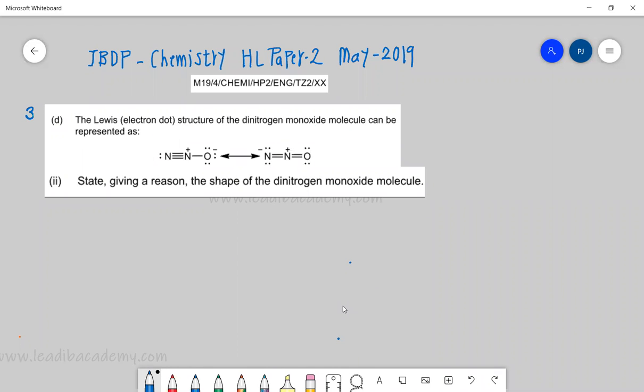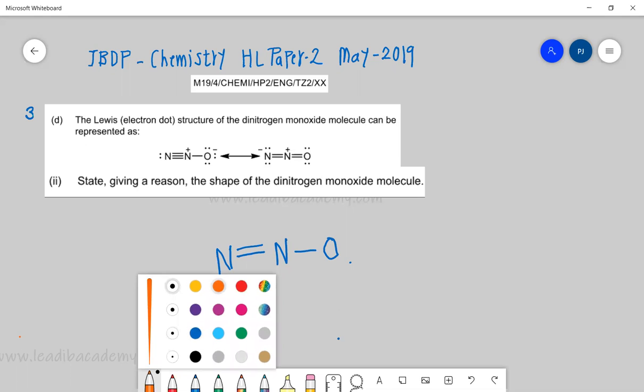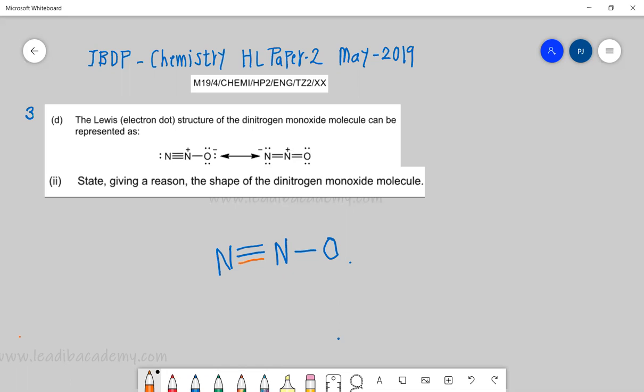Okay, 3D2. State, giving a reason, the shape of the dinitrogen oxide molecule. So we can pick up any of these structures. Okay, so let me try to draw. I'm purposely writing like this. Okay, with a different color for a sigma bond.